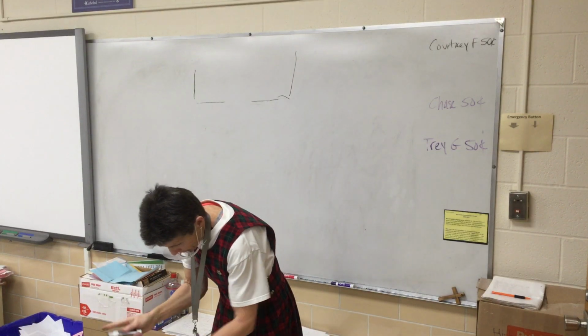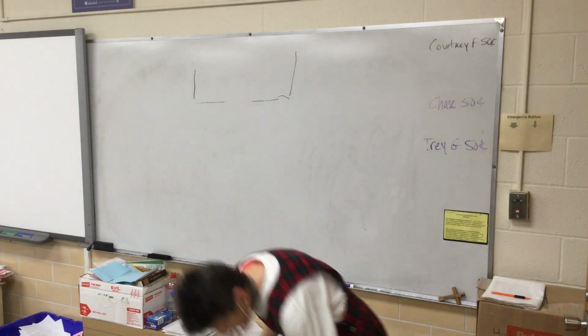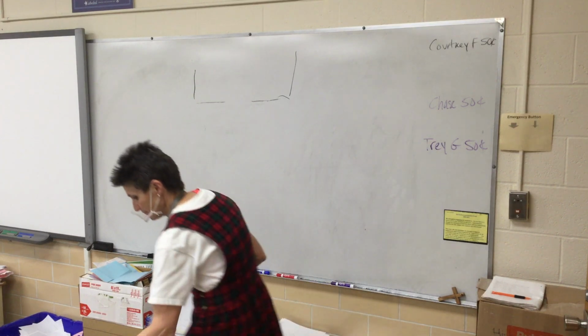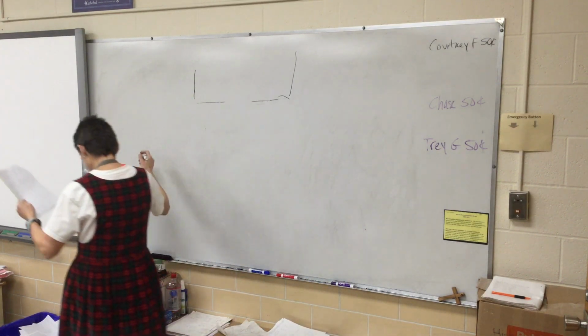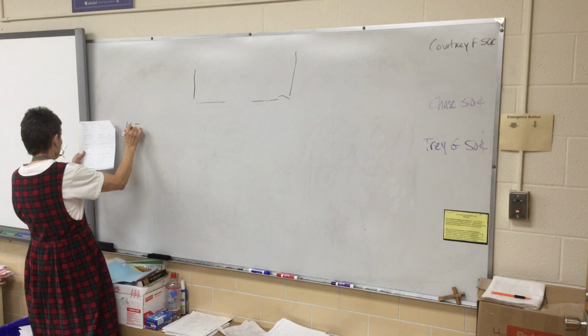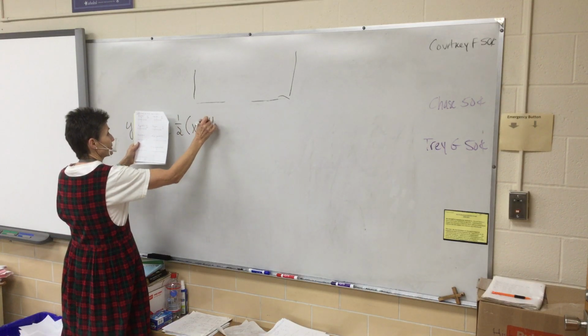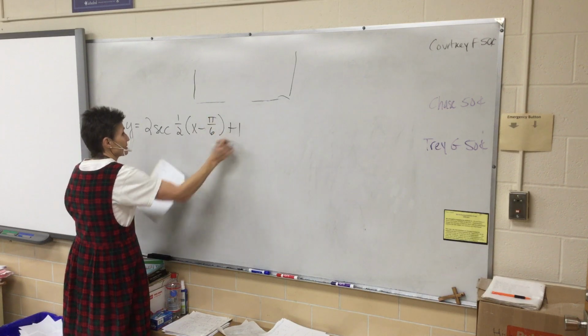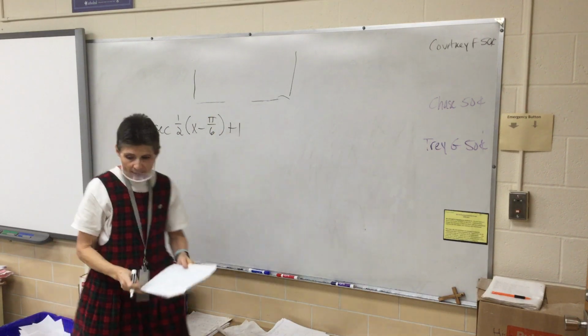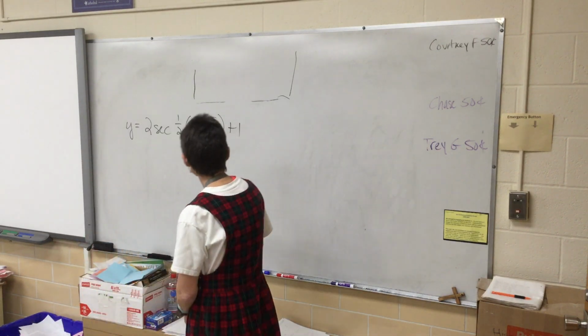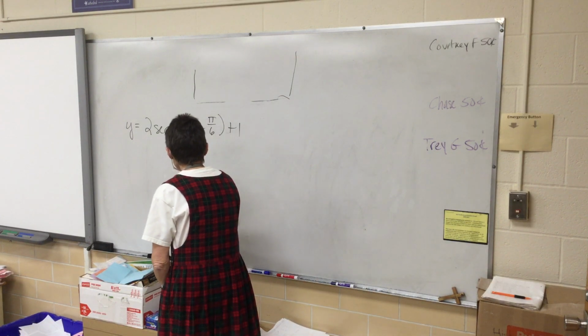So here I go. It's another secant. So y equals 2 secant. This 1/2 is already factored out, so I don't need to worry about it. So everything's ready to graph. Here we go. I'm going to start with my cosine.